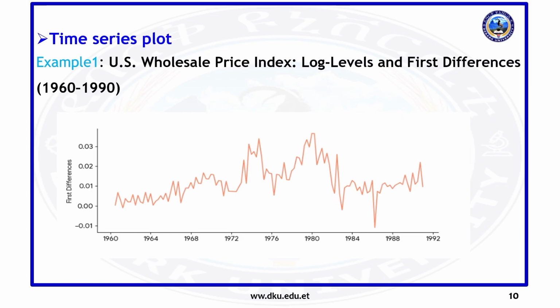Notice how the values fluctuate around zero, with some peaks and dips. This represents the changes in the wholesale price from one period to the next rather than the raw levels.